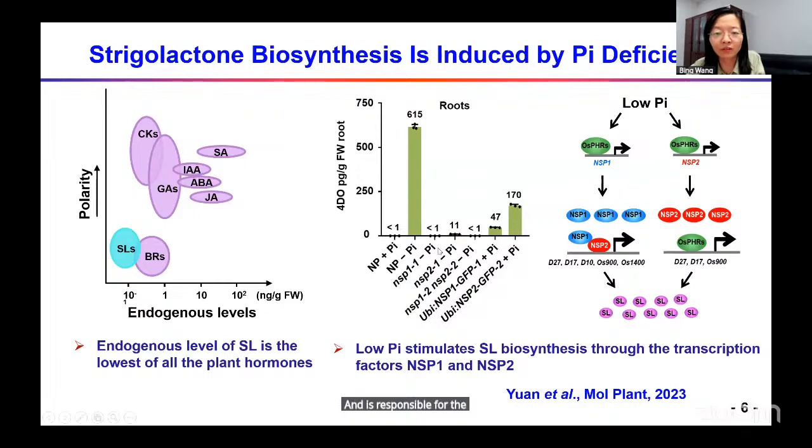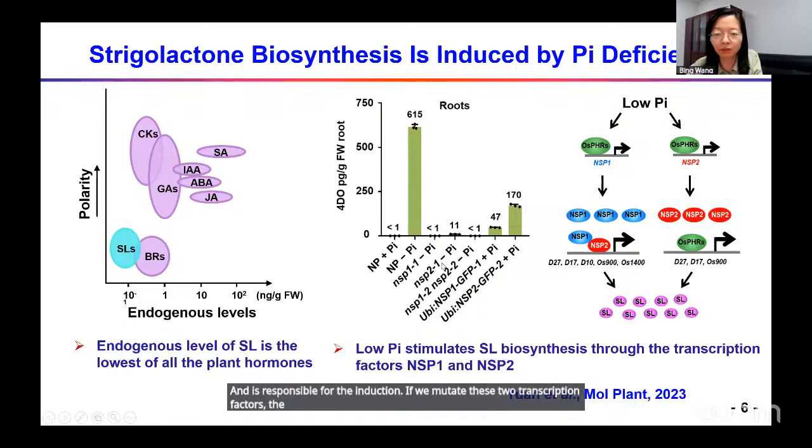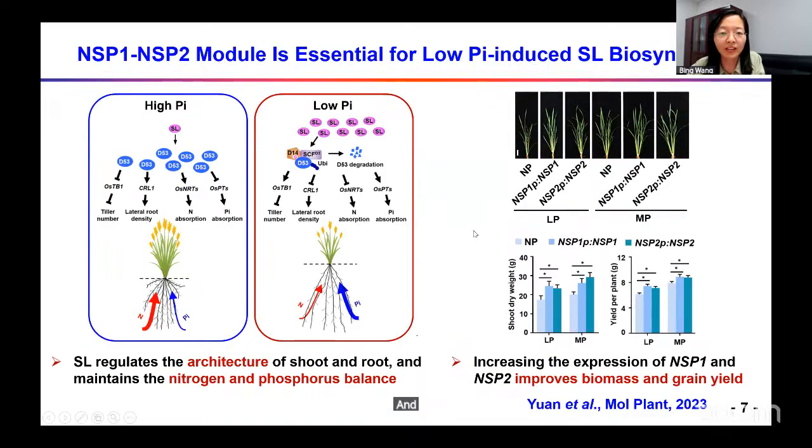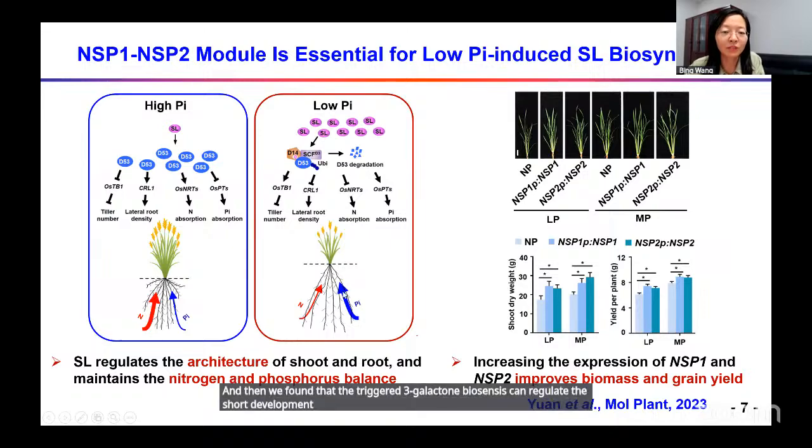If we mutate these two transcription factors, the induction is blocked. And then we found that the triggered strigolactone biosynthesis can regulate shoot development and root development, that is the architecture features, and can also regulate nitrogen absorption and phosphorus absorption.